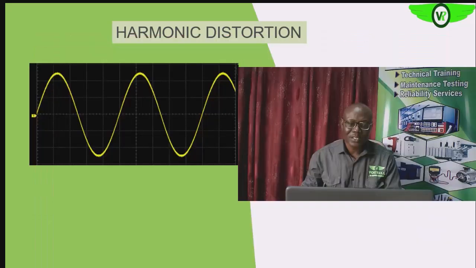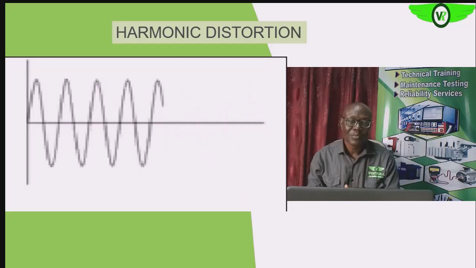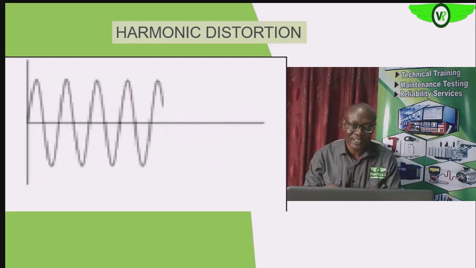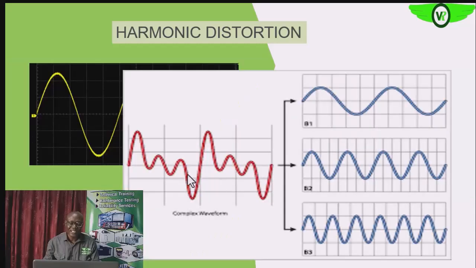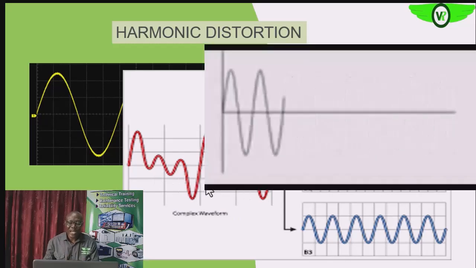So harmonics. We said ideally what we expect to come into our system is sinusoidal, but in reality we do not have that. What we have in reality is this kind of distorted waveform. Why is it distorted?